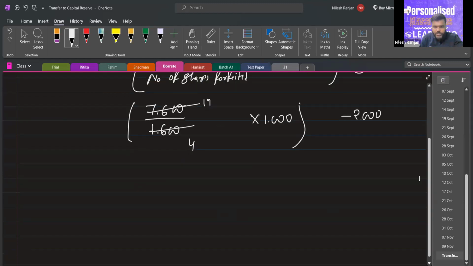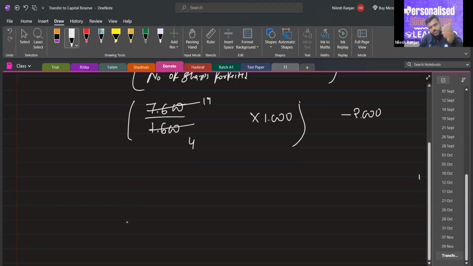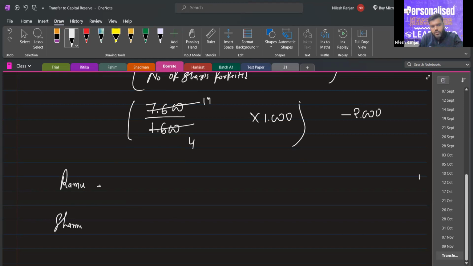Can you tell me the separate parts of these two? The amount forfeited from Ramu's account is 4,800, and for Shamu it was 2,800.